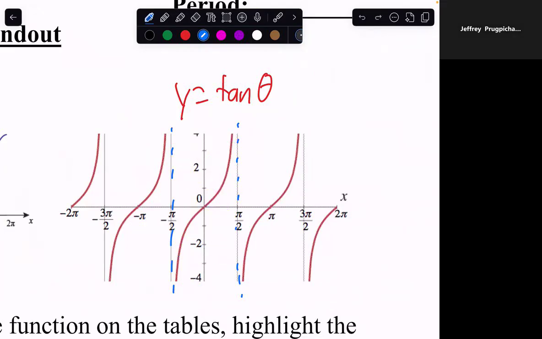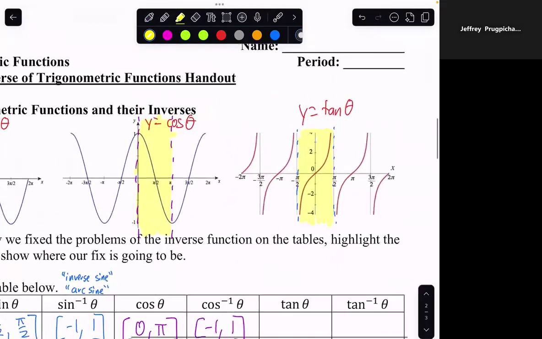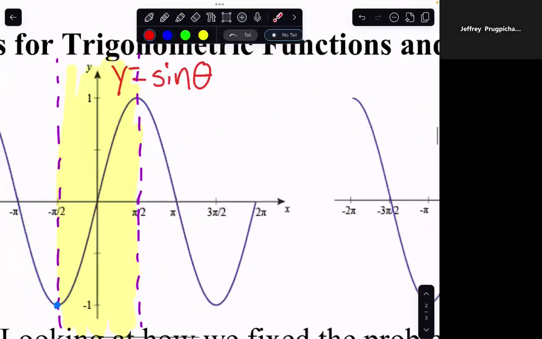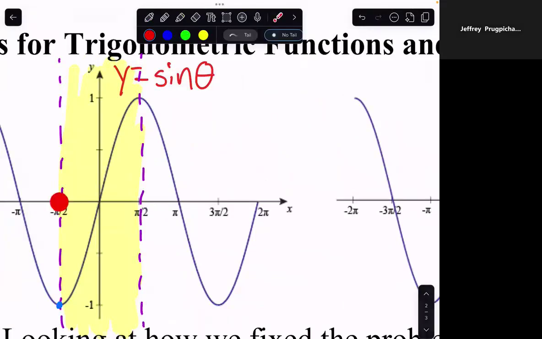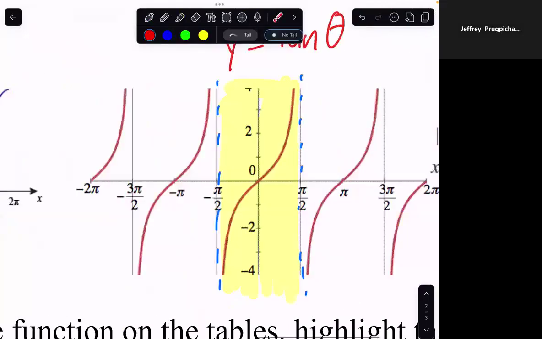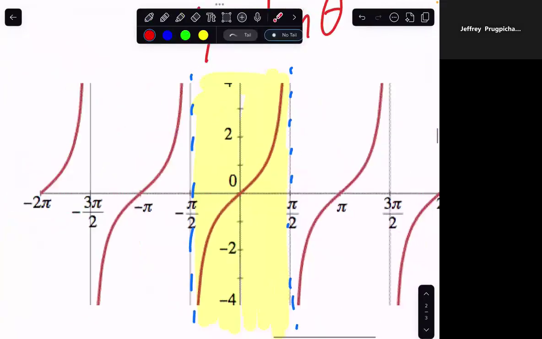So here we can go between negative pi over 2 and positive pi over 2. But unlike sine, where you can use negative pi over 2 itself because it has an actual point, here negative pi over 2 is a vertical asymptote. So you can't use that x value.